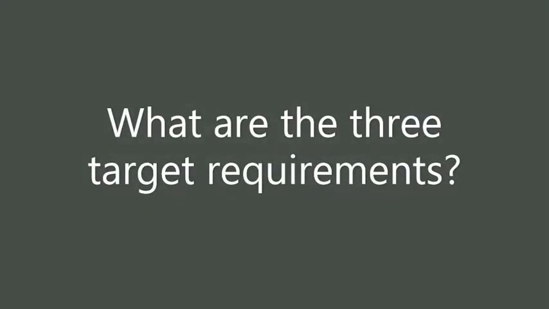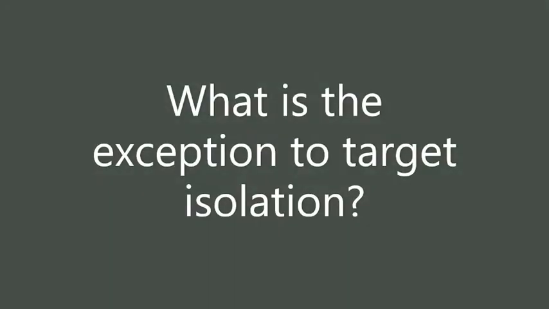What are the 3 target requirements? Acquisition, the process of locating your adversary; identification, the process of recognizing the subject as the adversary, placing you or others in imminent danger; and isolation, the process of separating the subject from innocent persons. What is the exception to target isolation?